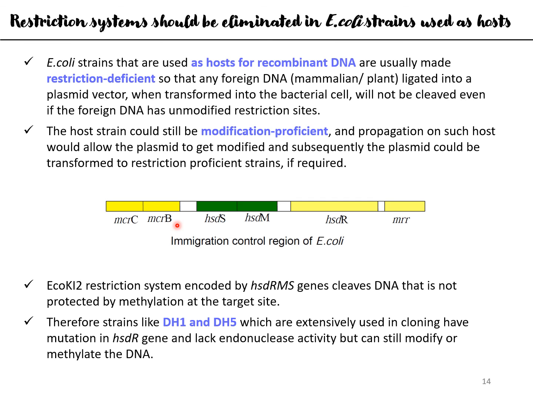So just to give you an idea of what each of these genes are: the MCRC is a modification gene that encodes for an enzyme that will modify these sites. So does the MCRB and so does the MRR. Whereas the HSD-M region also encodes for a methylase subunit, and the HSD-S and HSD-R genes encode for the endonucleases.